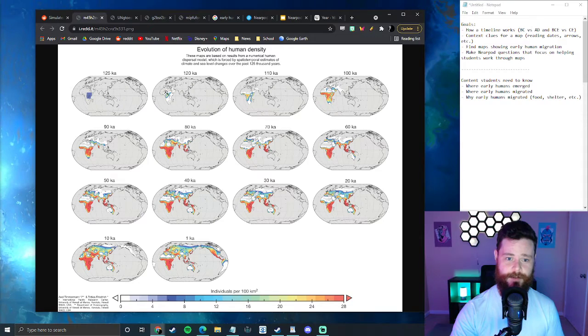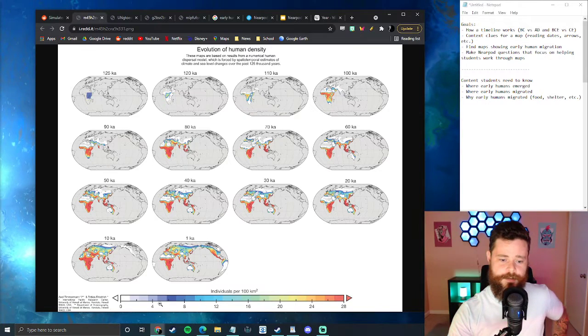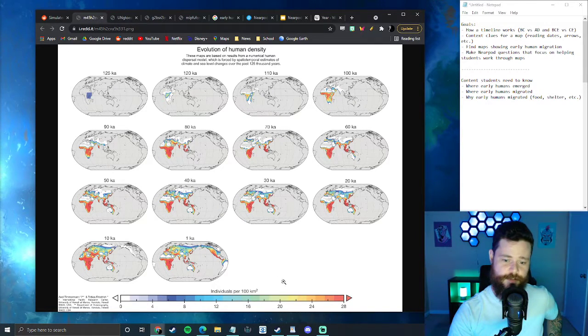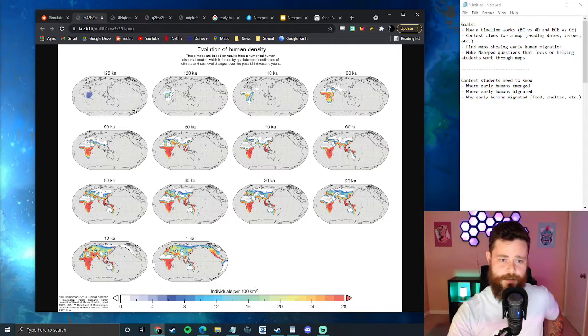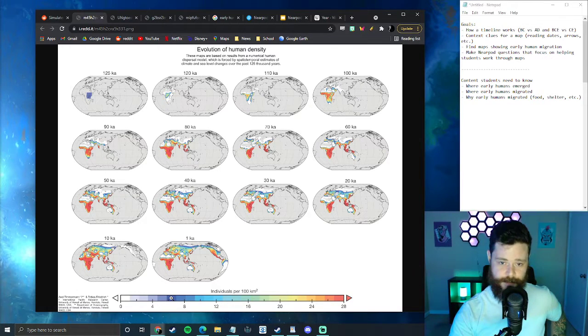And then moving out throughout Africa, all across Central Africa, and then mostly central and southern and a little bit of northern Africa and the Middle East over here. And then over time, okay, this is pretty cool. Something else that looks really interesting is how the colors for individuals per 100 kilometers squared are changing to reflect the increase in population density over time.